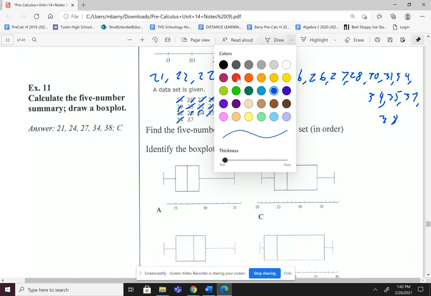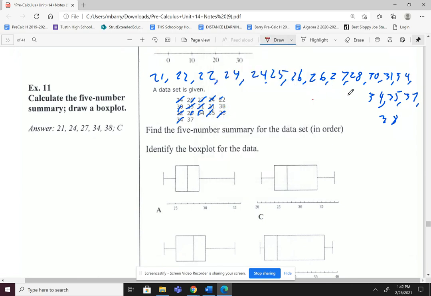Find our median. So I have 21 and 38, 37 and 22, 35 and the other 22, 34 and 24, 30, the other 34 and the other 24, 31 and 25, 30 and 26, 26 and 28. And so 27 is our median. All right, and then I'll find the median of the first half.